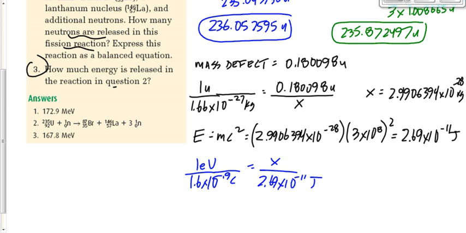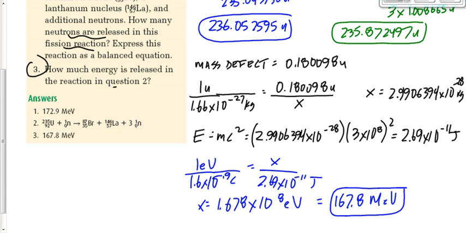When we do that math, that should give us 1.678 times 10 to the 8 electron volts, which is 167.8 mega electron volts. Now, that might work out to be slightly different because Jacob gave me the rounded number there as opposed to the unrounded number, but you get the idea there, right?